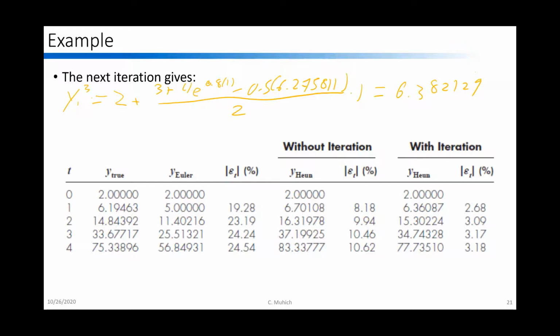And I can do this again and again and again until I get an approximate error at that step to be less than our convergence criteria.